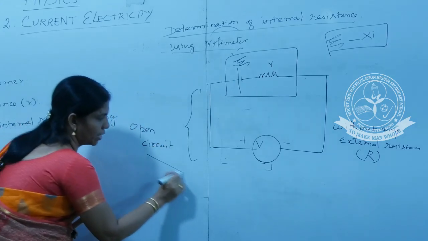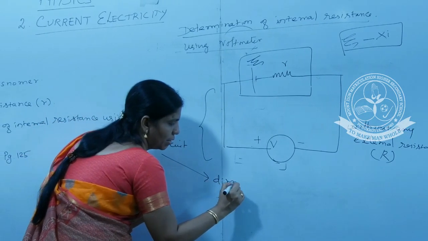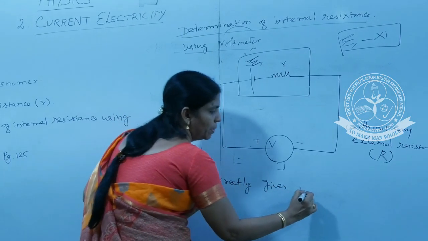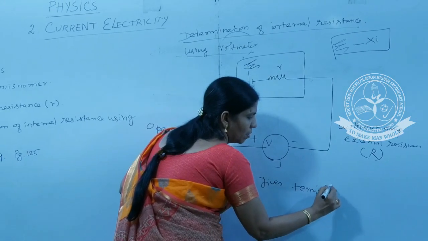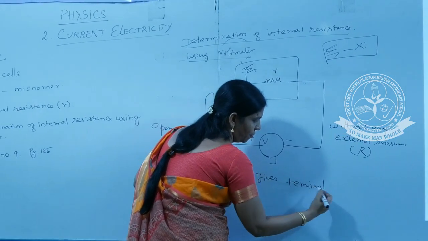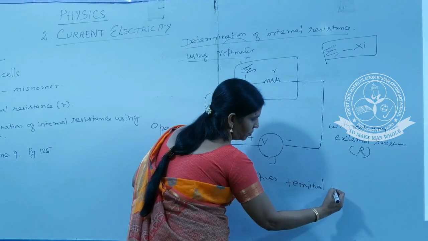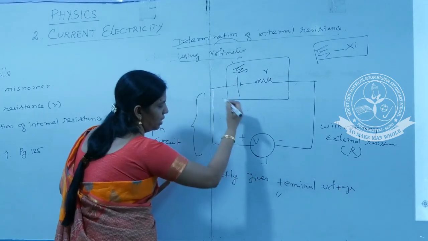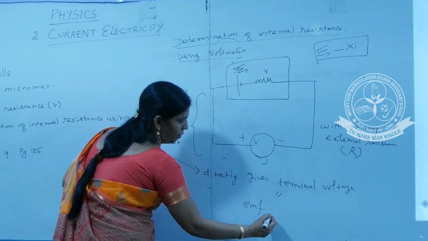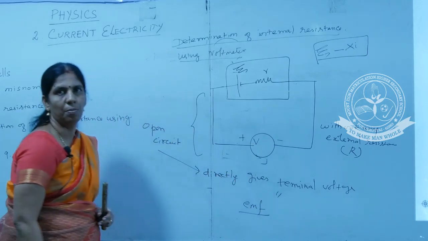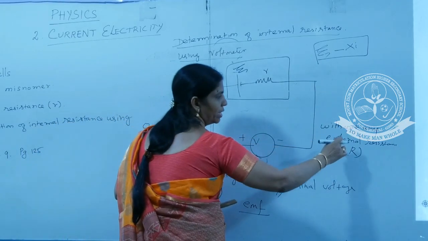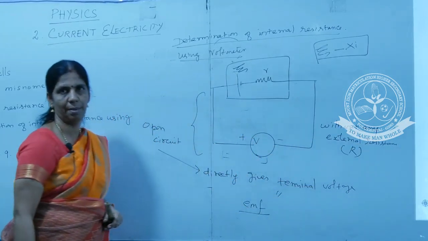This open circuit directly gives the terminal voltage, or the potential, of the given cell. So, the terminal voltage, which will be equal to the EMF of the cell, will be measured with the help of the voltmeter. This is the condition where we have not included any external resistance capital R.